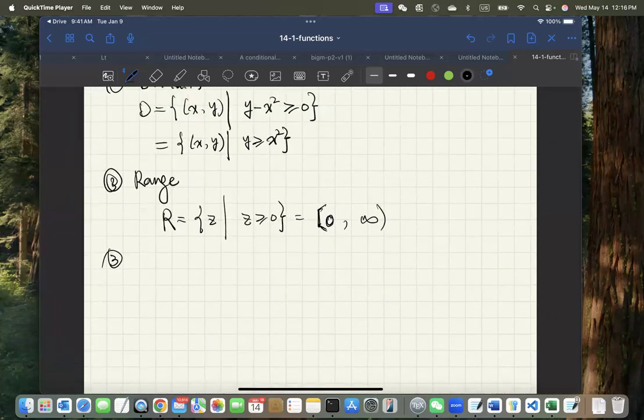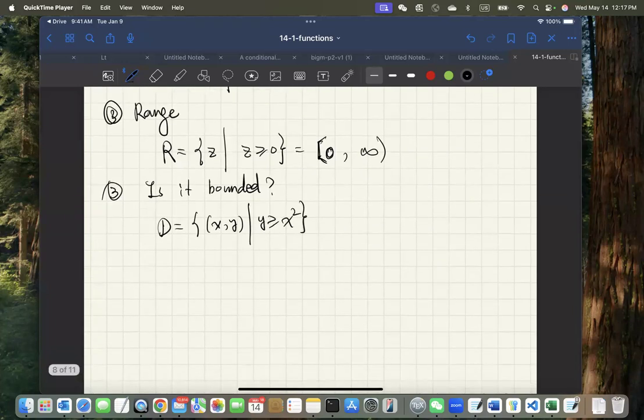The domain is given by the set of x, y with y greater than or equal to x squared. It's better to picture the region, what the domain looks like. We know that y equals x squared is a parabola, the standard parabola opening up.